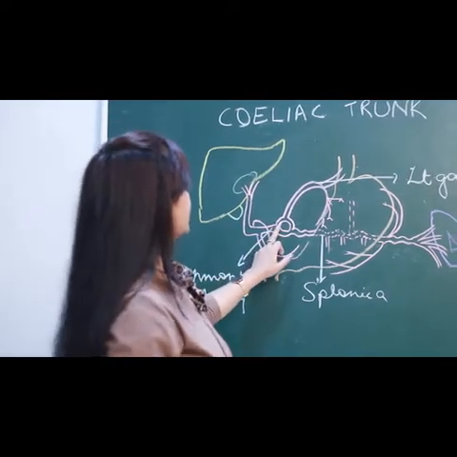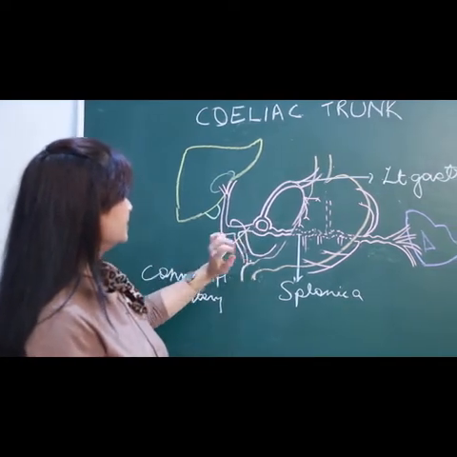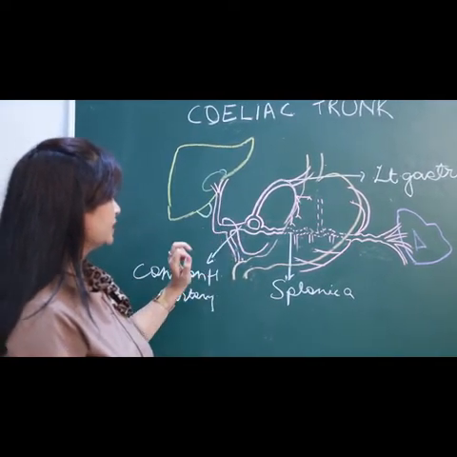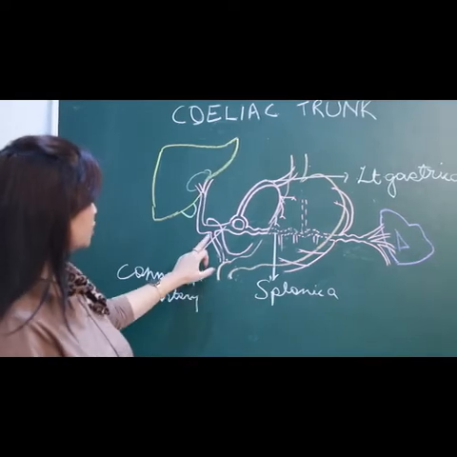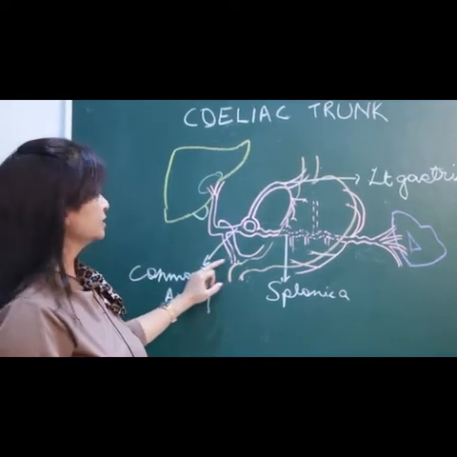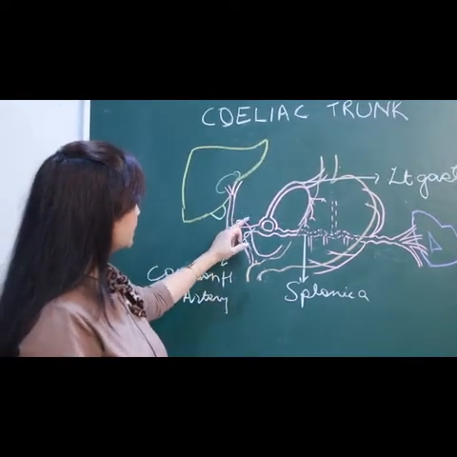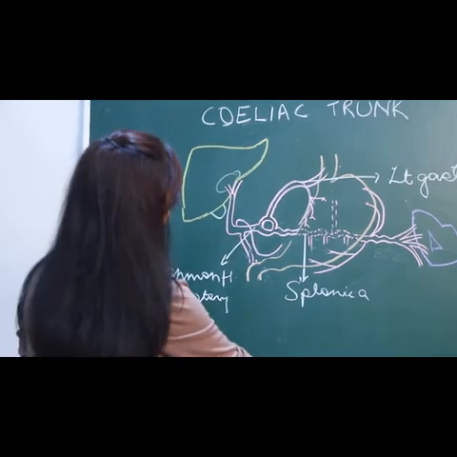Now this branch, as it arises from the celiac trunk, runs towards the right and gives off a branch known as the gastroduodenal artery, and another branch, that is the right gastric artery.